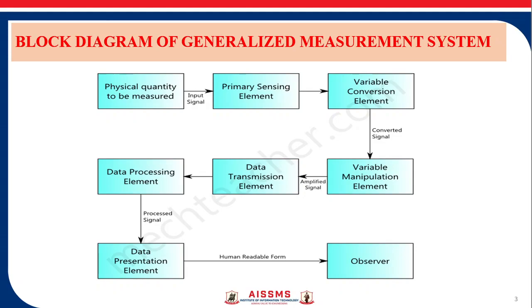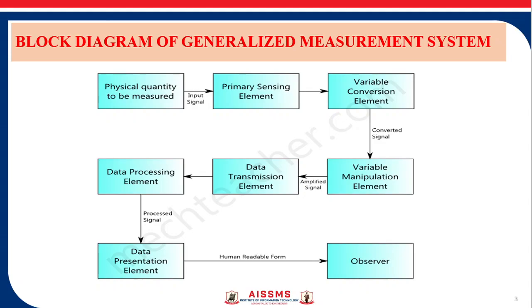The next block is data transmission system. The transmission of data from one element to another is done by the data transmission element. It means data transmission system is simply used for transmitting data from one element to another.